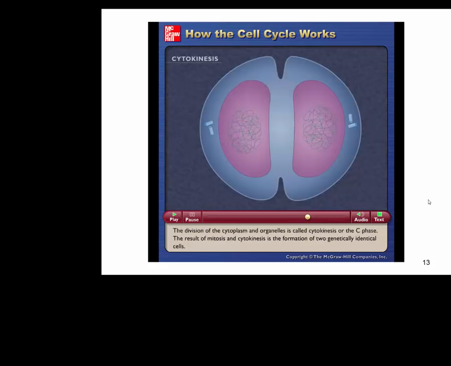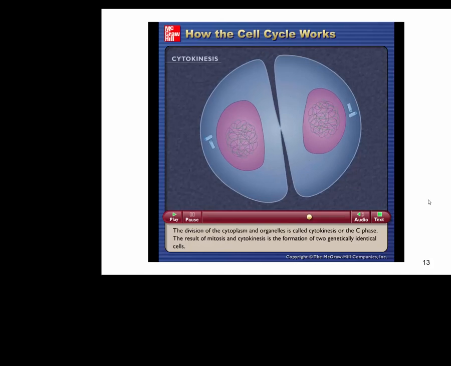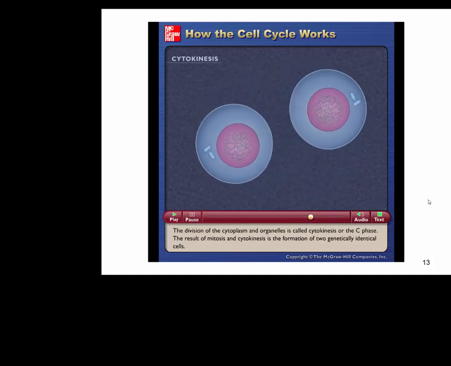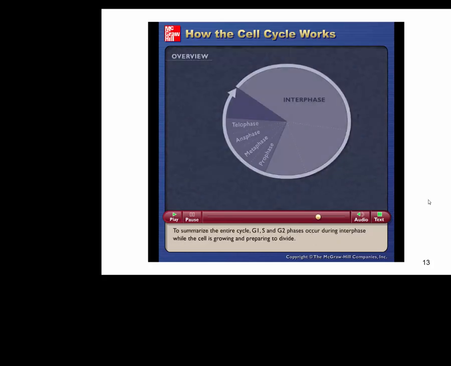The division of the cytoplasm and organelles is called cytokinesis, or the C phase. The result of mitosis and cytokinesis is the formation of two genetically identical cells. To summarize the entire cycle, G1, S, and G2 phases occur during interphase while the cell is growing and preparing to divide.